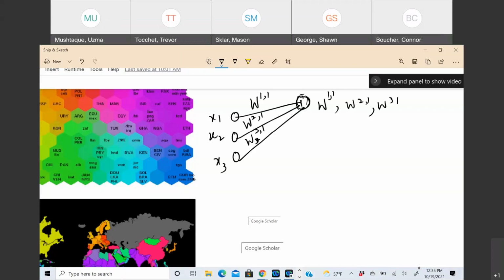So for example, when I have the second node here, it will also have W12, W22, W23, and so on. So each of these nodes is a point in my input space with these dimensions.